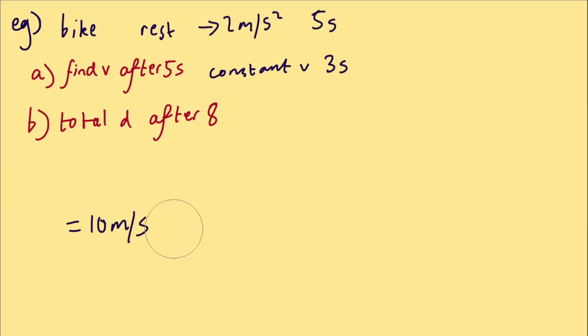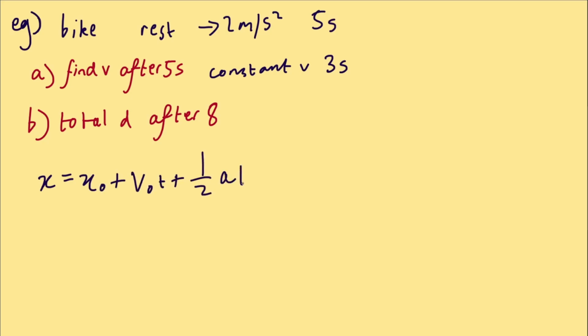The second part of the question is the total distance. So we're going to use the kinematic equation, x equals x0 plus v0t plus 1/2 at squared. The initial position and initial velocity, a lot of the time in textbooks and problems, are completely skipped over because the majority of the time they're 0.